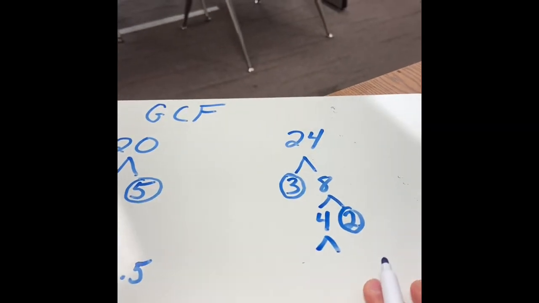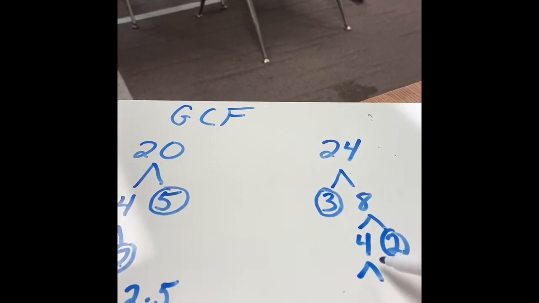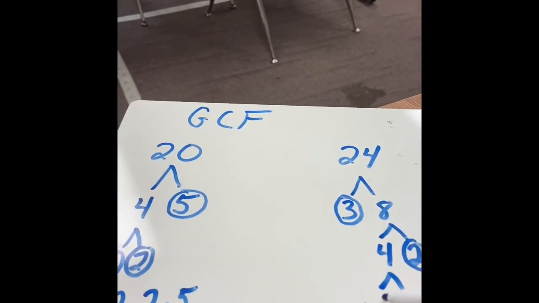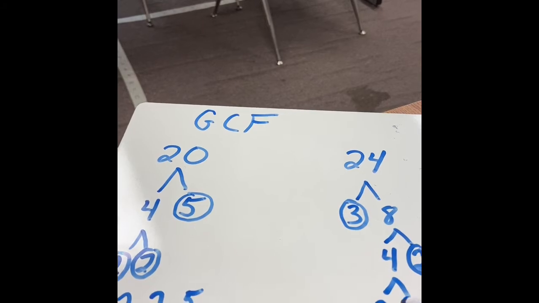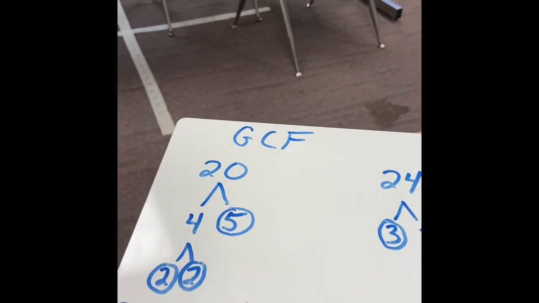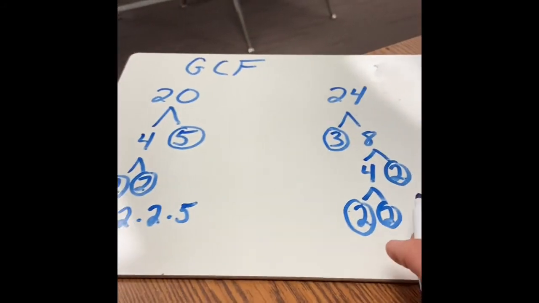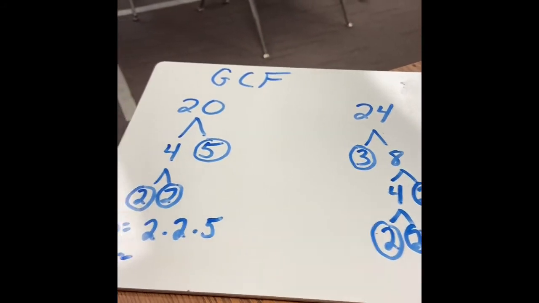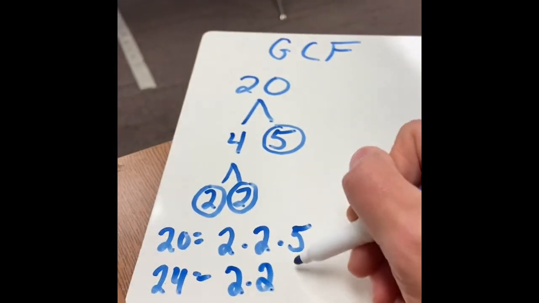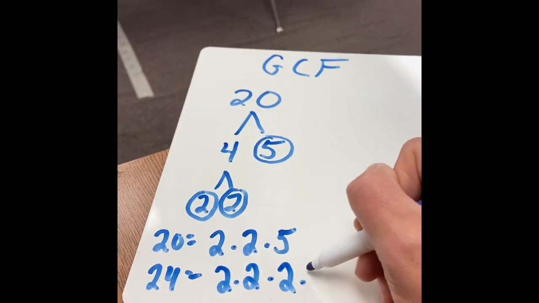Let's multiply 4. What can multiply to give us 4? 2 times 2. So now we're finished there. So then 24 would be, go over here, 3 2s and 1 3: 2 times 2 times 2 times 3.